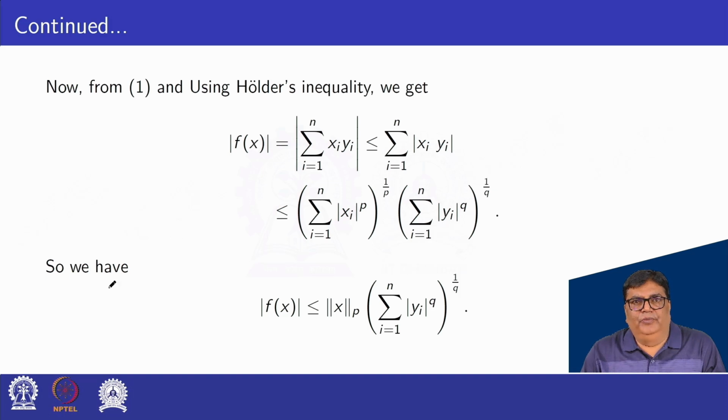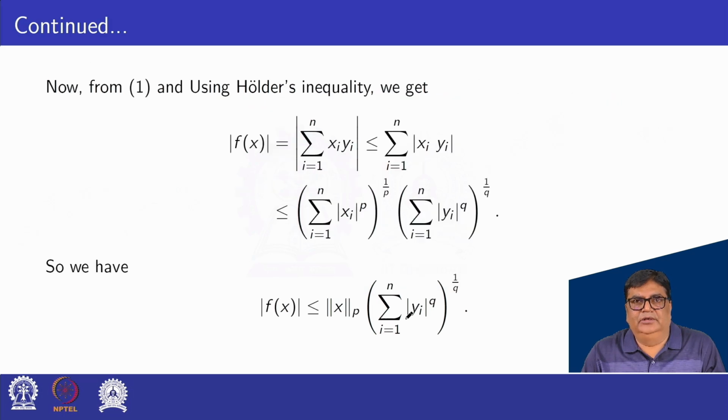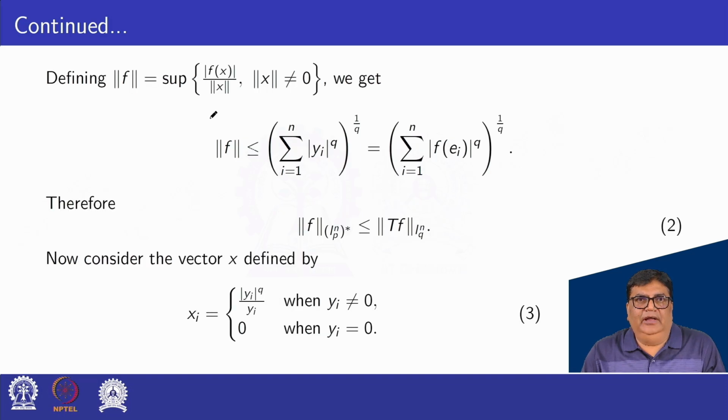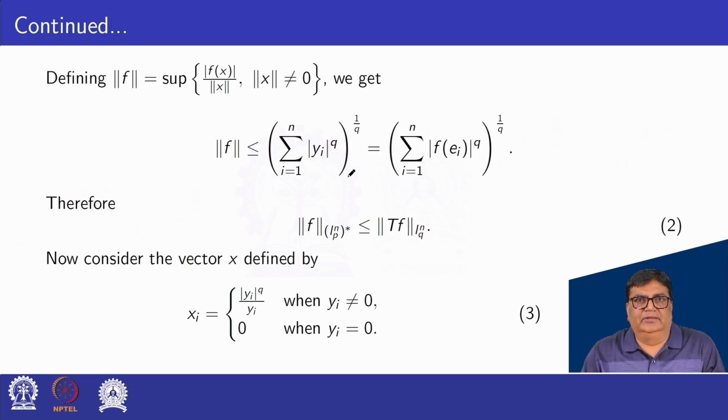So we have |f(x)| less or equal to norm x into (summation i = 1 to n of |yi|^q)^(1/q). Why? Because here norm x is equal to this, so we can write this one as norm x_p. And also we know that norm f equals the supremum of |f(x)| upon norm x, where norm x is not equal to 0. So this inequality can be written as this.